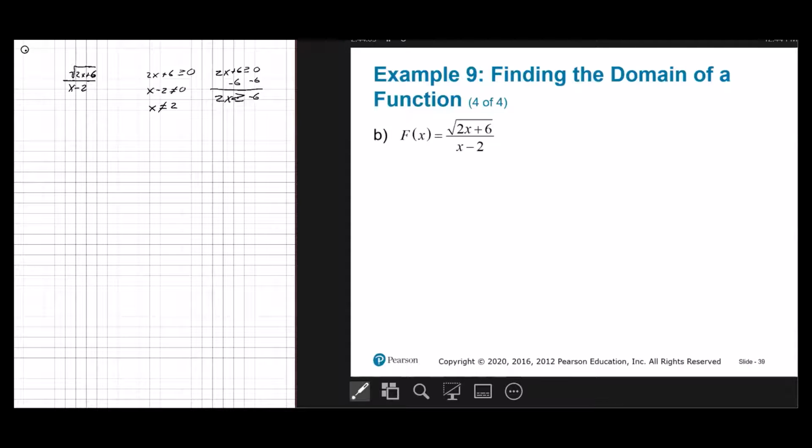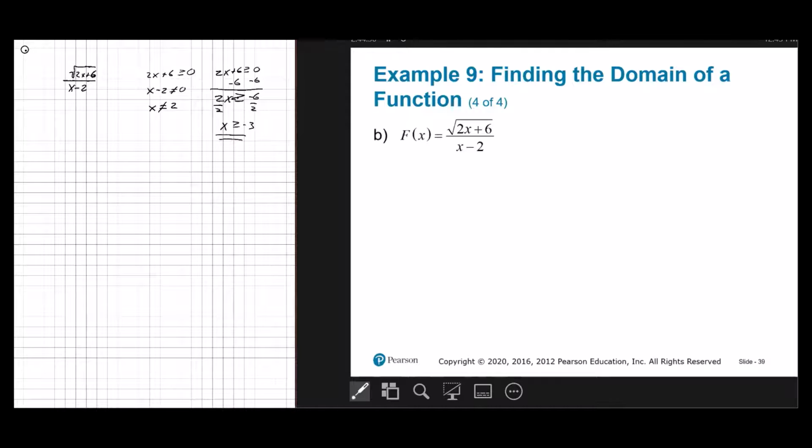No, so that doesn't affect the sign of the inequality. Now I'm going to divide by a positive 2. Dividing by a positive does not change the sign. So this inequality stays greater than or equal to, and this side remains negative. And so I have x greater than or equal to negative 3.